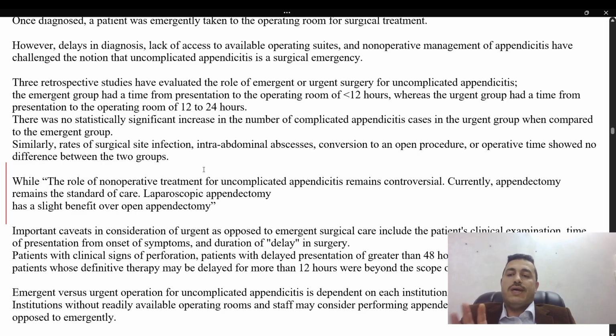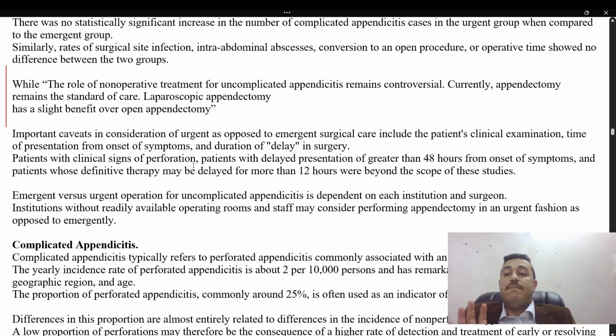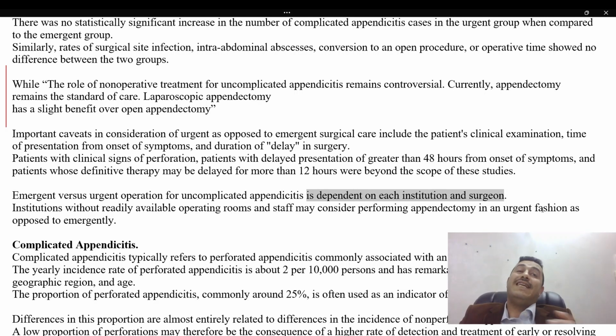The final information we can deliver is that emergent versus urgent operation for uncomplicated appendicitis depends on each institution and surgeon. An institution without an available operating room and staff may consider performing appendectomy in an urgent fashion. So we can wait until tomorrow morning, this is in uncomplicated appendicitis, until the next available operating theater.